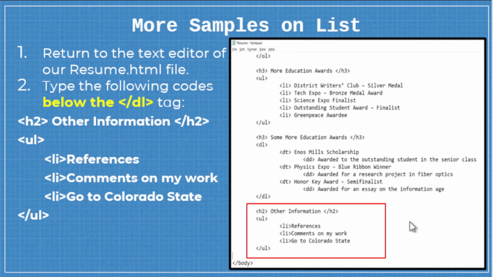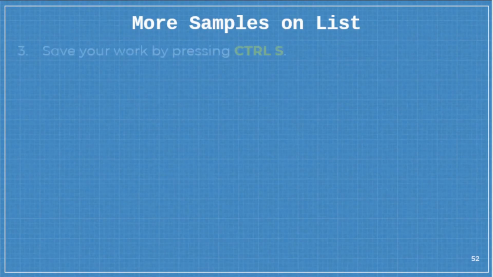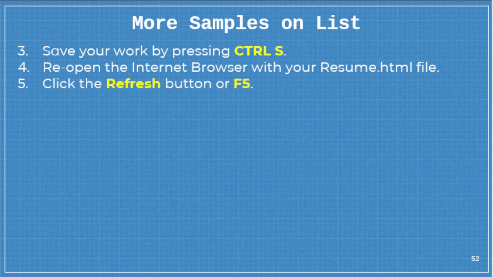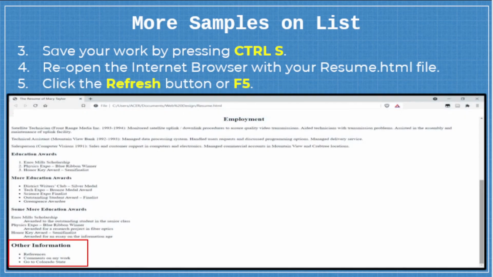So you have h2 other information, and then ul li references, li comments in my work, li go to Colorado State /ul. Okay, then what do we do? Save your work, go to your browser, hit that refresh button, and this is what you see now.